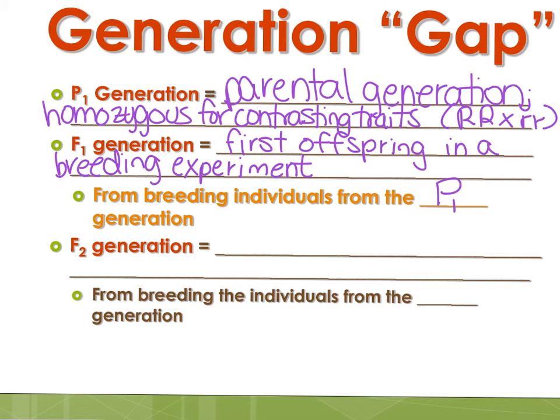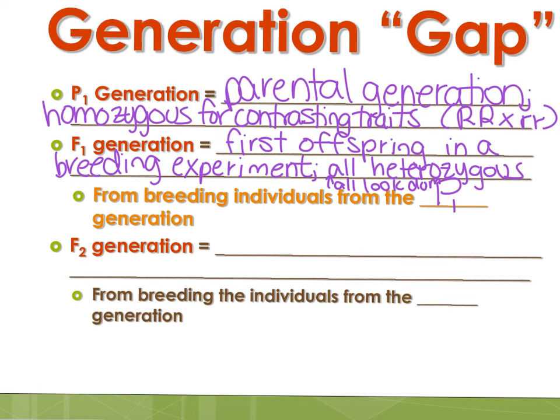So the offspring of the parents are going to be the F1 generation. This F1 generation are going to be all heterozygous. And when I say heterozygous, am I referring to their genotype or their phenotype? Genotype. Their phenotype would be that they all look dominant.